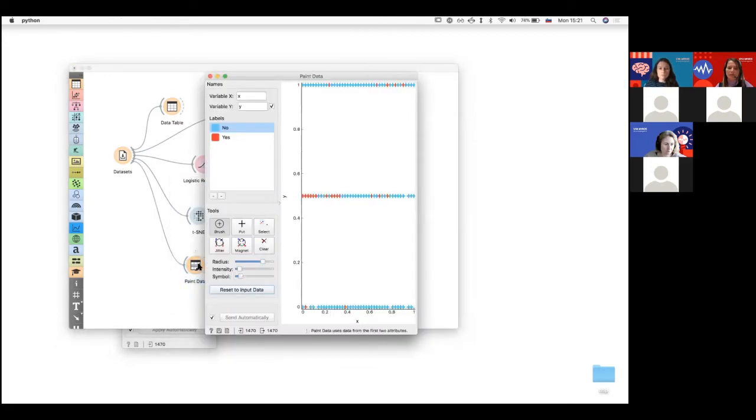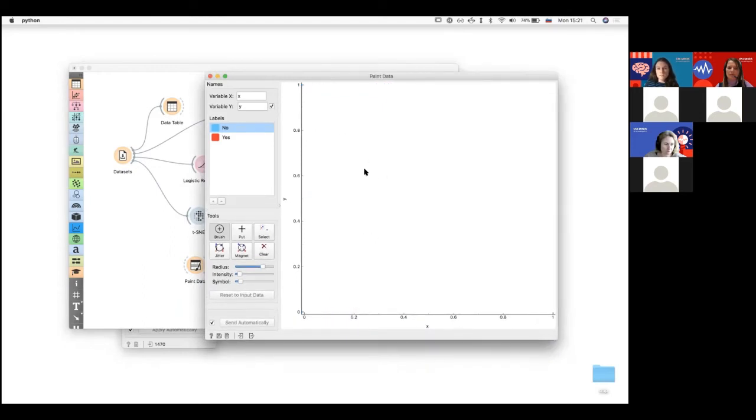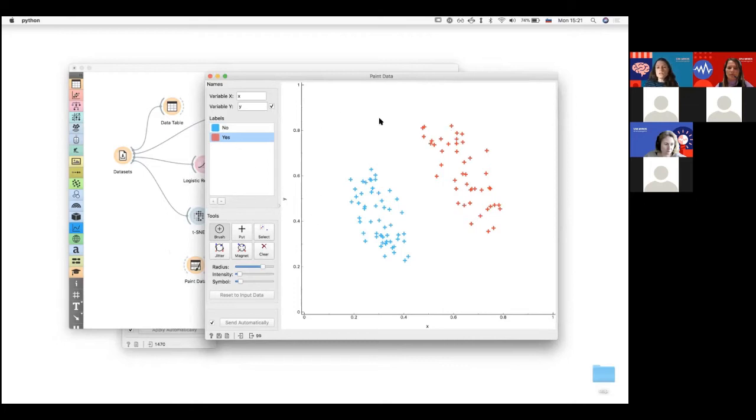Let me just try to show you. If I use this drawing board, let's say these are my data, and logistic regression tries to find this diagonal line here that would split blue points from red points. This is it. It's a mathematical function that splits the data in two.